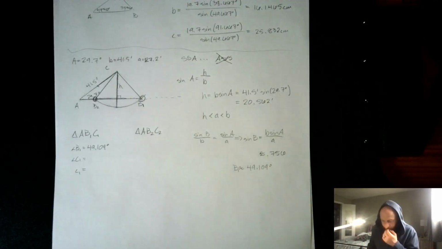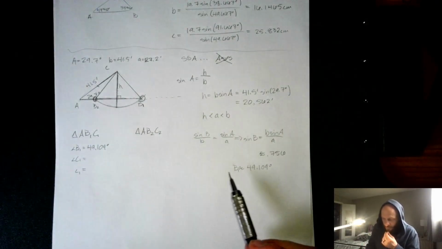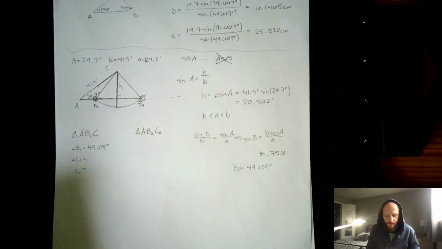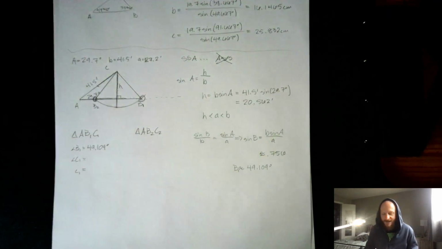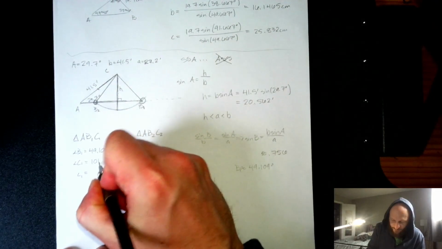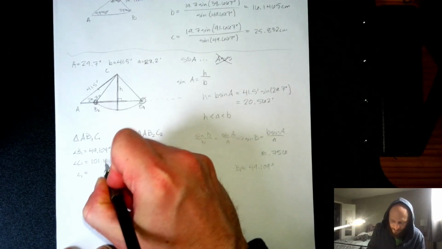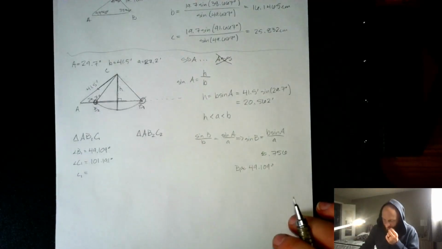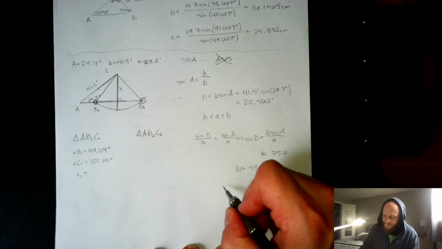So angle C1 would be 180 minus 49.109 minus 29.7. Just subtracting the two angles, A and B1, from 180 degrees comes out to 101.191 degrees.